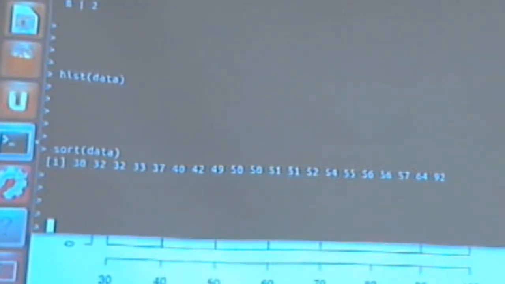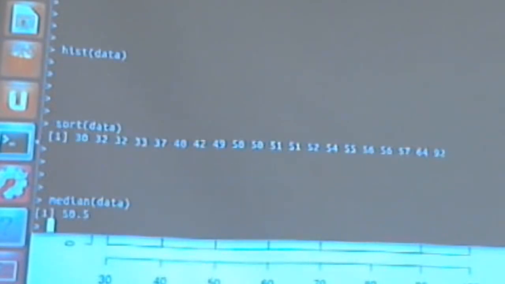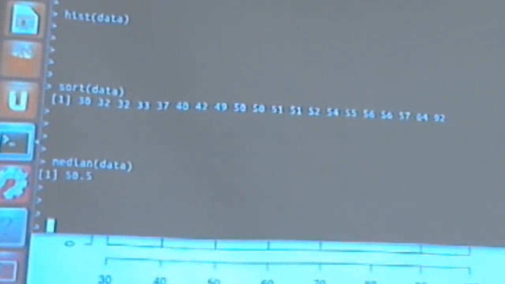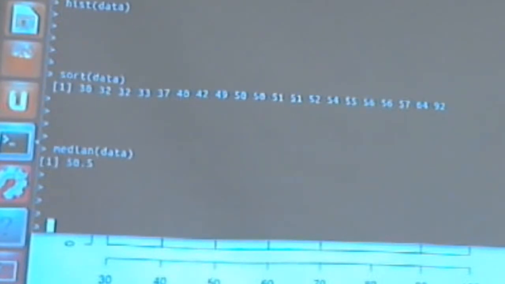So in this case, it would be 16. And 0.5 is a median, so that cuts the other.